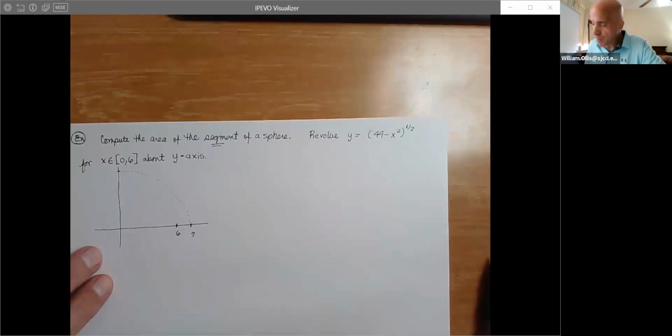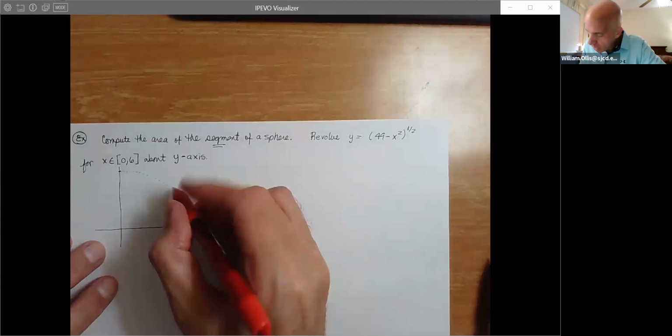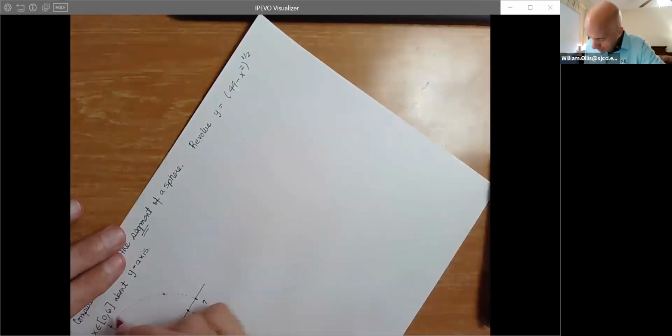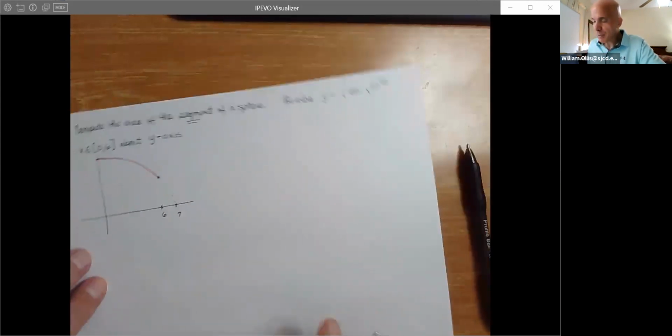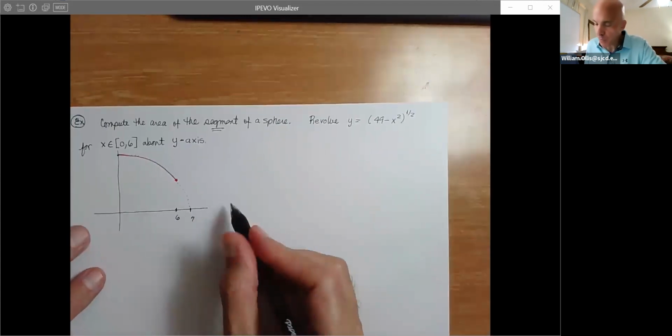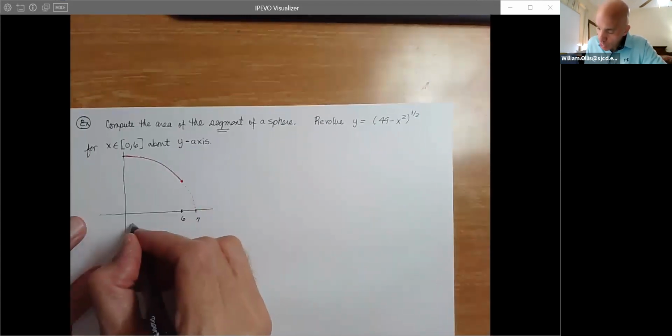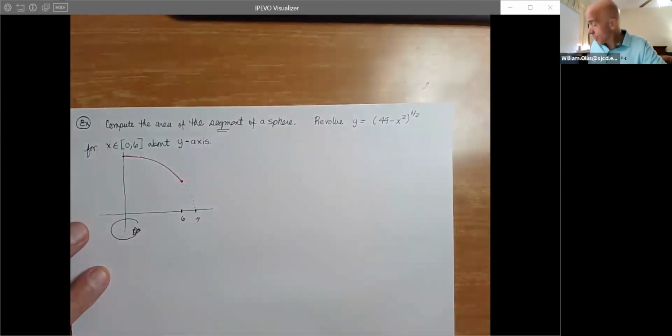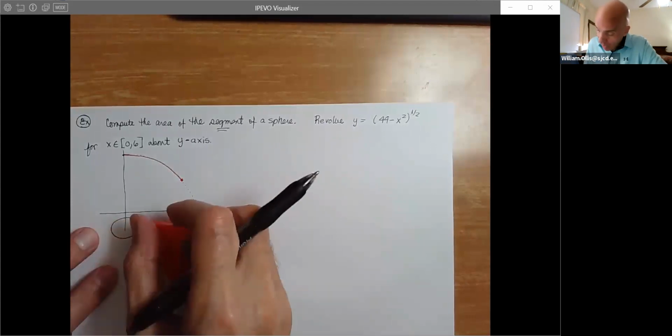But instead of continuing to this point, we're going to stop here, and so we're going to get a cap. We're not going to get even a hemisphere, and we're going to do the revolution, in this case, about the y-axis. Let me make that arrow a little better.